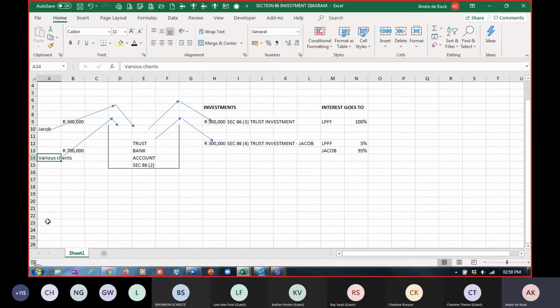But it's not just you, you might have a couple of partners. You receive 700,000, but this 700,000 is going to be used for what purposes? It's going to be used for disbursements on behalf of those clients, and to cover your fees on behalf of those clients.